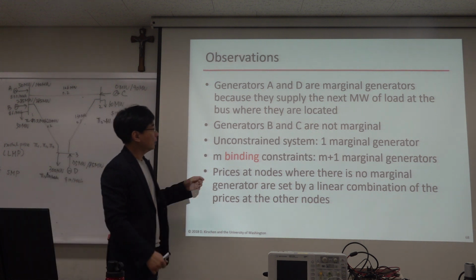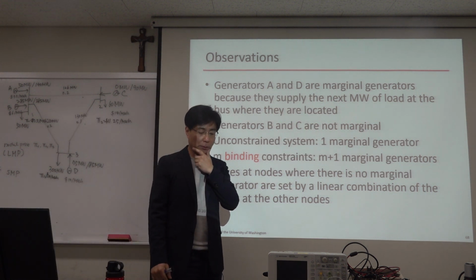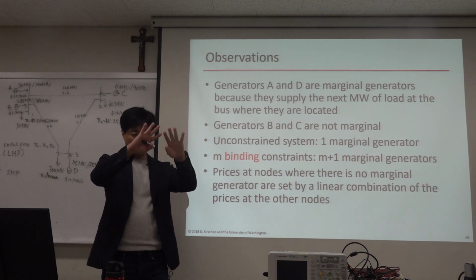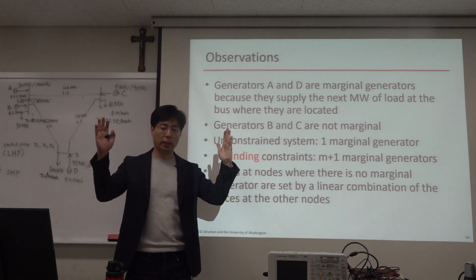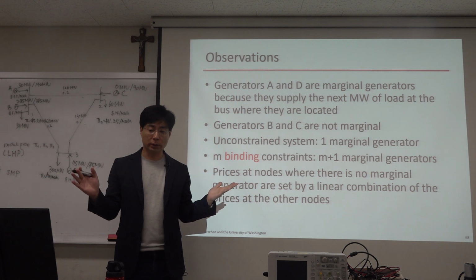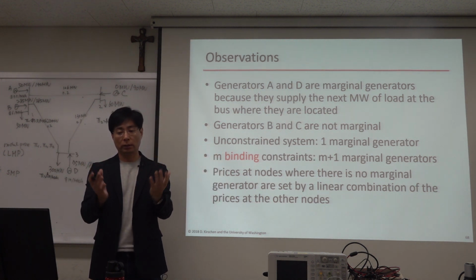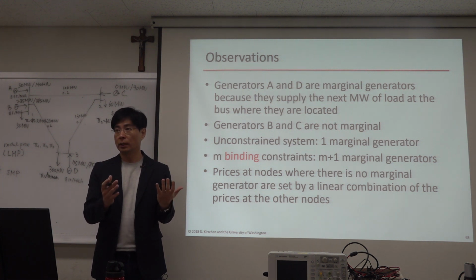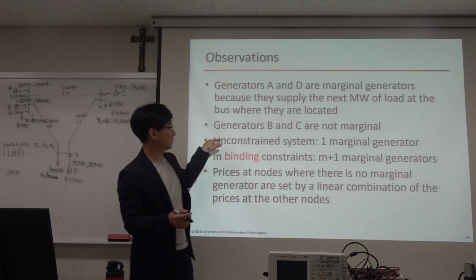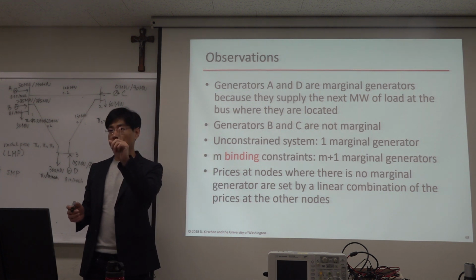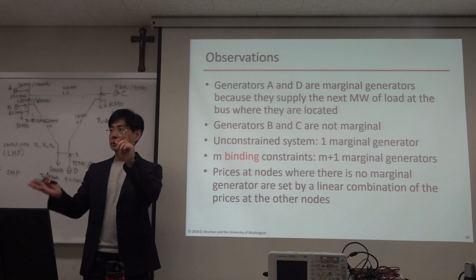So when you think about an unconstrained system, that means the line capacity is infinite and no losses. That means all the generators and loads are connected in a single bus. In that case, zero constraints, we have one marginal generator. Do you see what I'm saying?